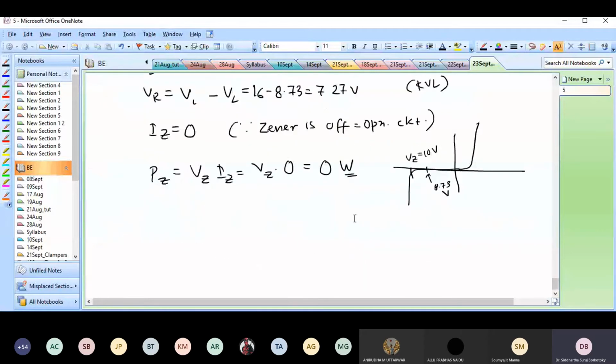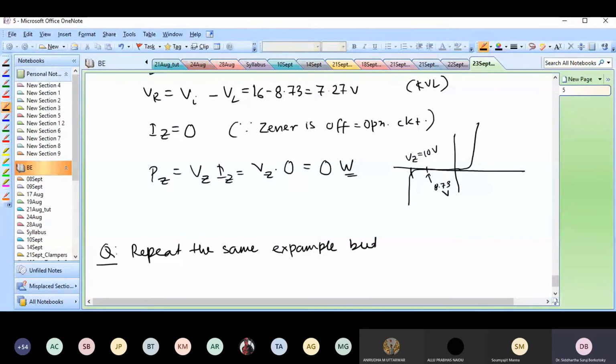But now let's do the same example, but increase RL to 3 kilo ohms. Repeat the same example, but with RL equal to 3 kilo ohms.